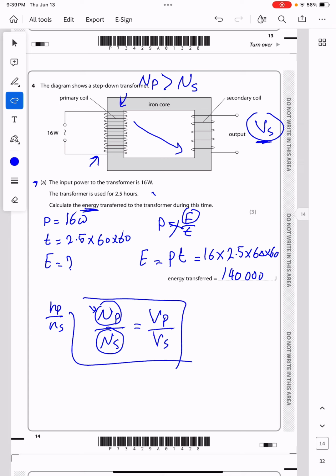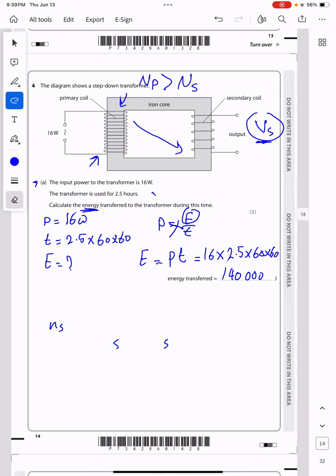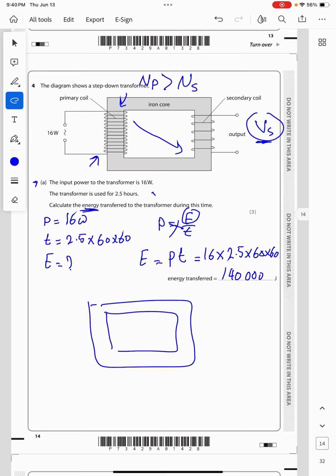Tamam? But if you make some kind of change and your transformer is the opposite of what's shown, we have this transformer here. As usual, I'm so good at drawing. So here you have a little bit, 4 or so turns, but here you have a lot of turns, which means that NP is less than NS, the number of turns in the primary coil is less than the number of turns in the secondary one.